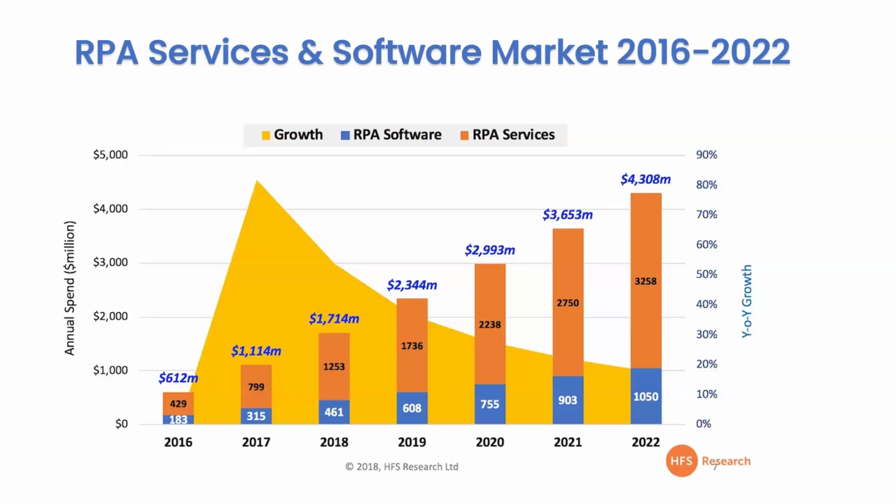So this is how the RPA market is going on. The RPA market is definitely increasing. And now with RPA you have IPA, intelligent process automation, which we will see in our sessions also. Earlier the bots were doing the same task, right?